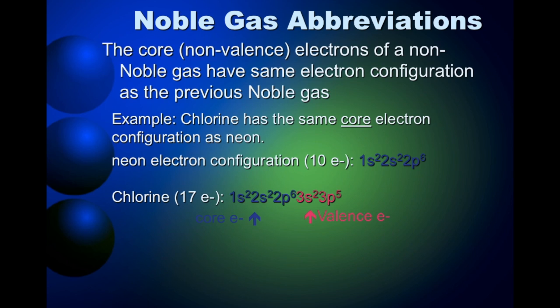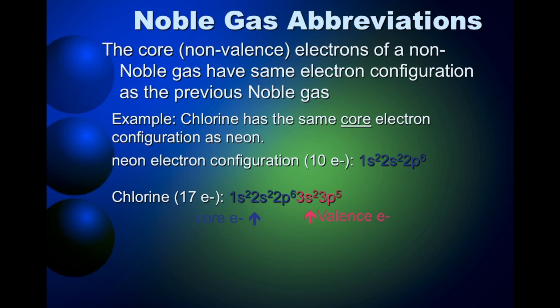The neon electron configuration is 1s2, 2s2, 2p6. Now, if we look at chlorine, the 1s2, 2s2, 2p6 is the same. So the core electrons, the ones that are not valence, have exactly the same electron configuration as neon.